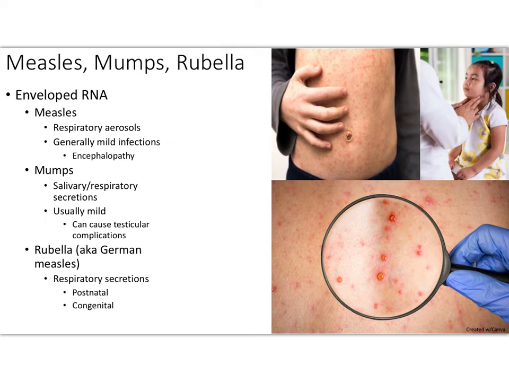Most of the time, the infections caused by measles are relatively mild. Someone will get a rash spread throughout the body. They will get a fever. They may develop cold-like symptoms or flu-like symptoms as well, because it is ultimately a respiratory virus. And within about 2 to 3 weeks, most of that resolves on its own, and the person can go back to living normally.